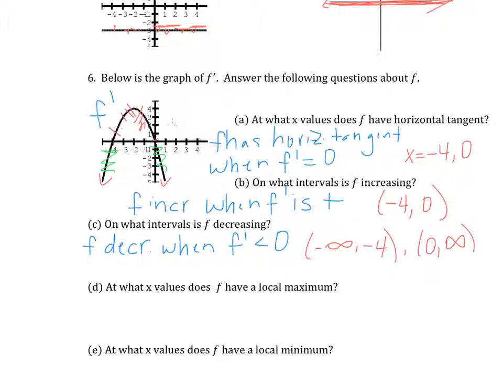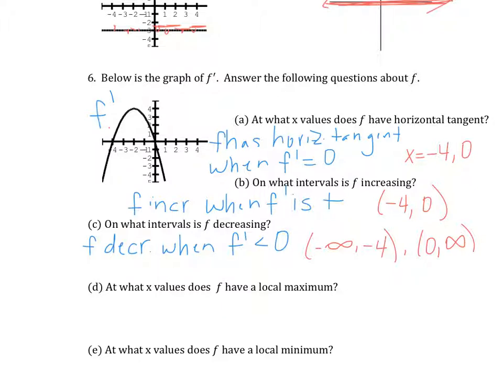Now, where does f have a local maximum? And where does it have a local minimum? Well, let's think about what that justification is going to be. When is f going to have a local maximum?